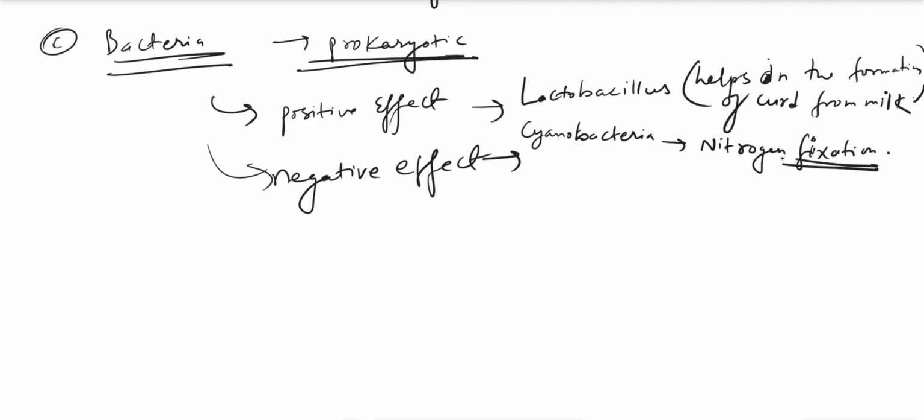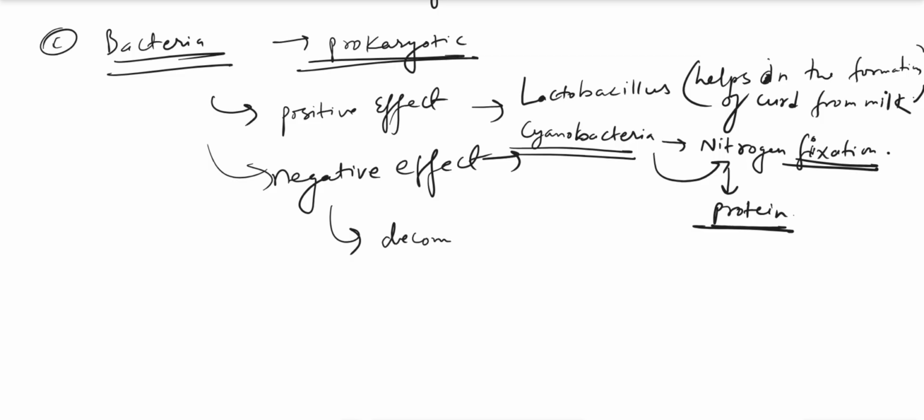In the roots of some plants, cyanobacteria is present, which helps to prepare protein from atmospheric nitrogen. Now, the negative effect of bacteria means it helps in the decomposition of the body, as well as spreading different types of diseases.